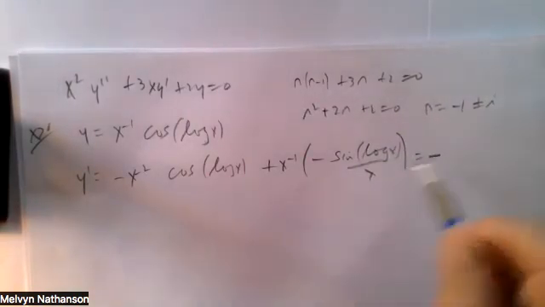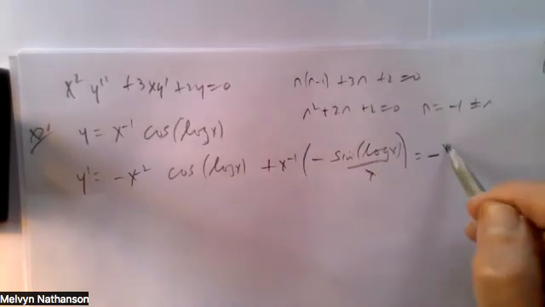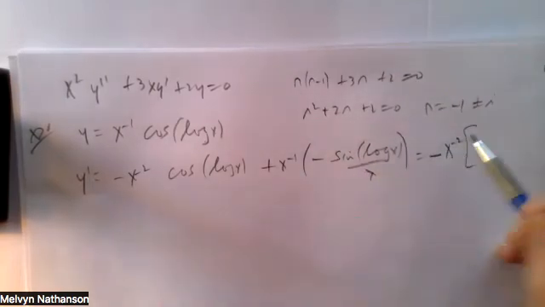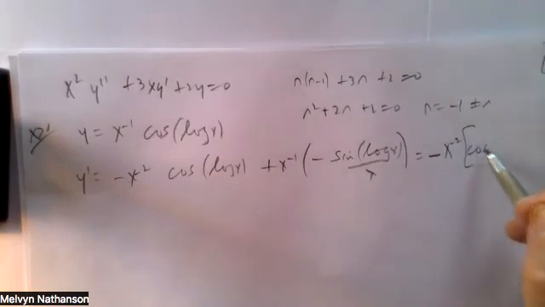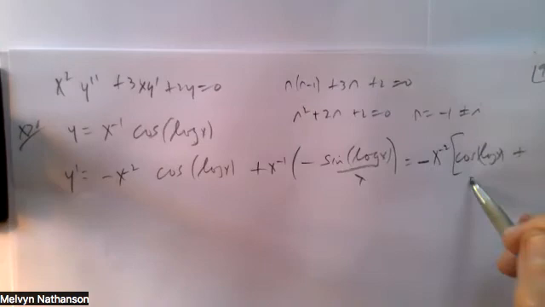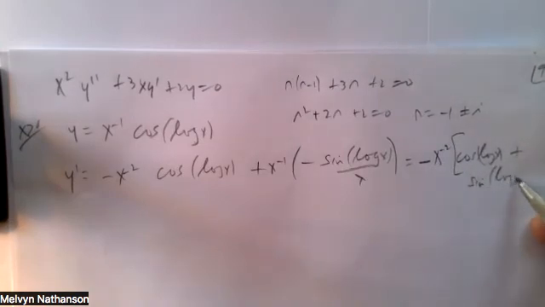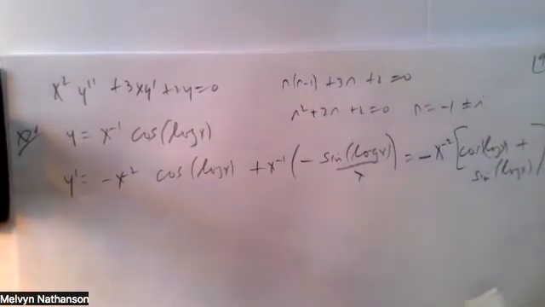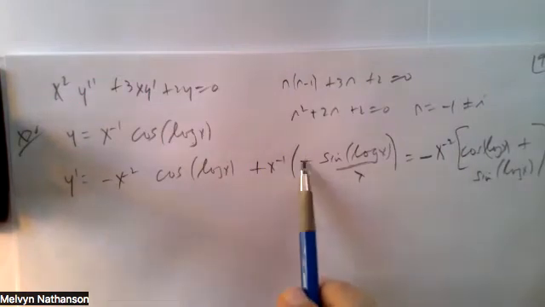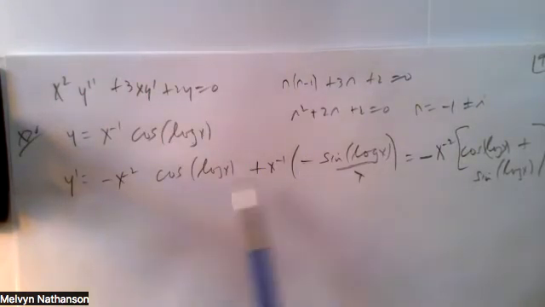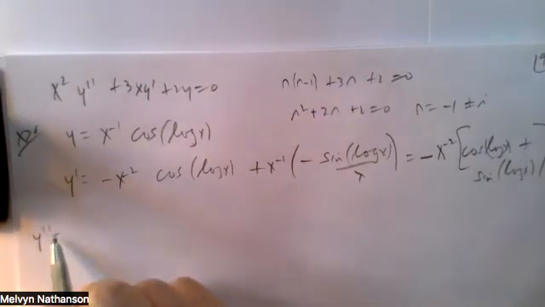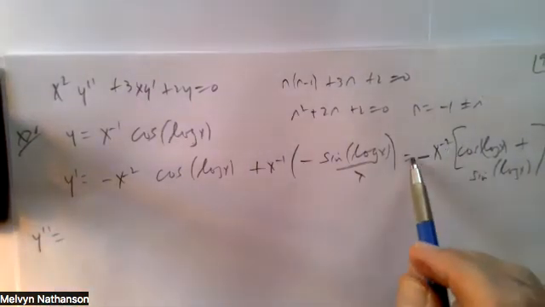So this is minus x to the minus 2 times cosine log x plus the sine of log x. I have a minus and a minus and a minus, cosine plus the sine. That looks okay. So the second derivative is minus 2 times this.